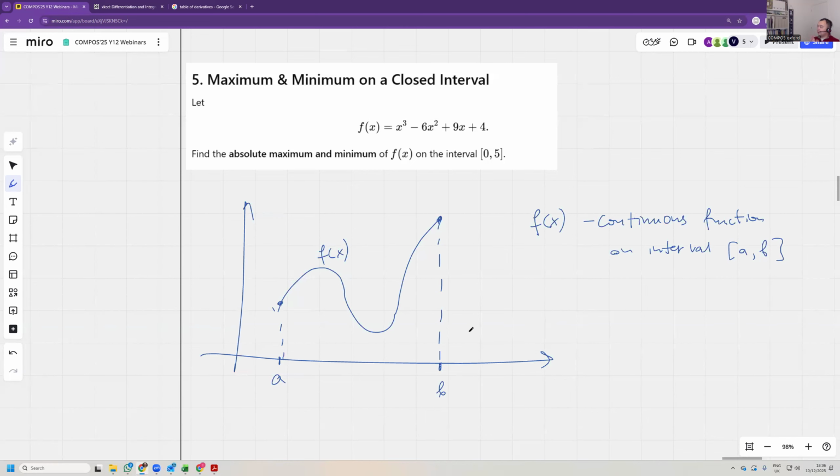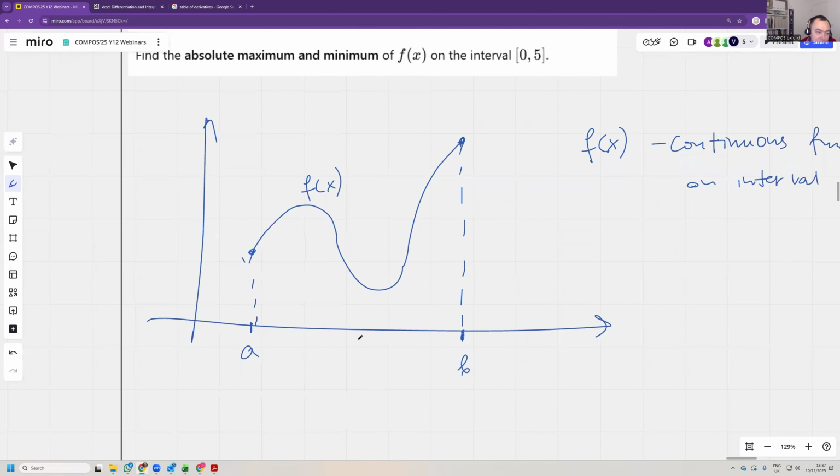And we need to find the minimum and the maximum. And you can clearly see what's happening here is that we have 4 potential minimum or maximum points.